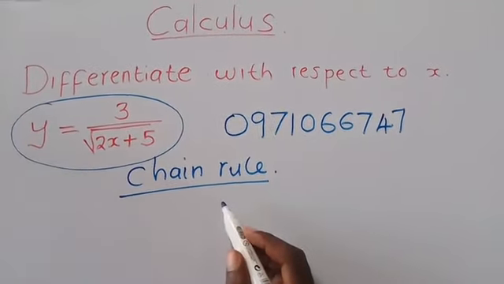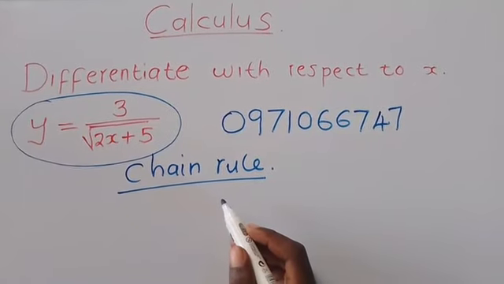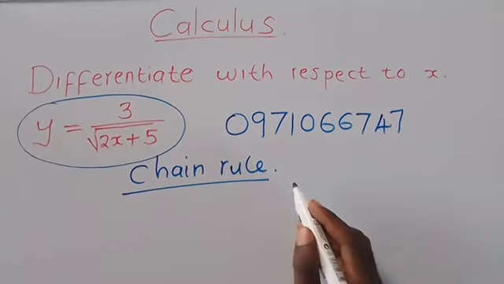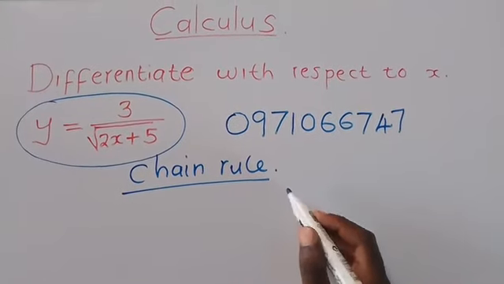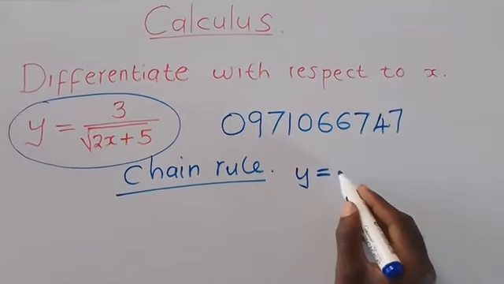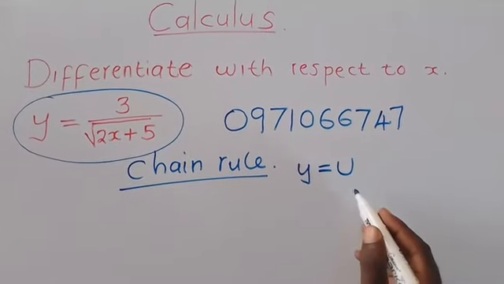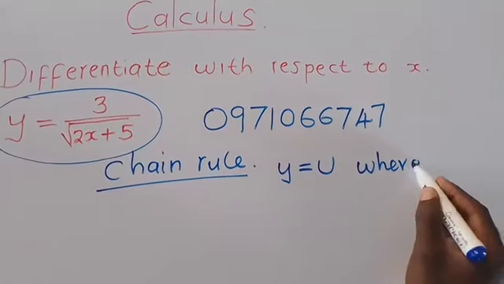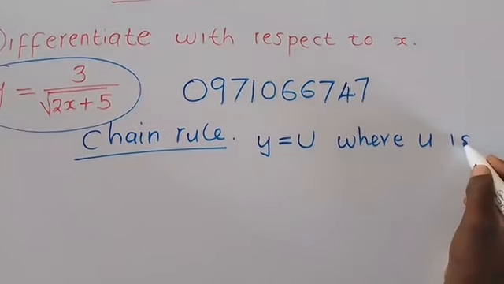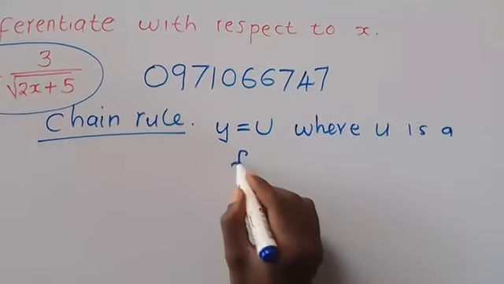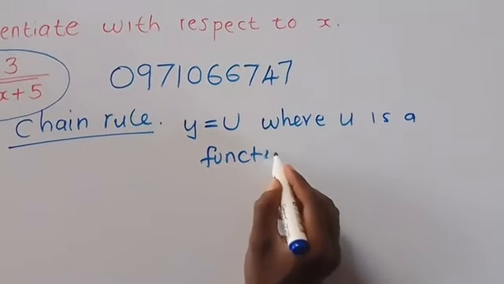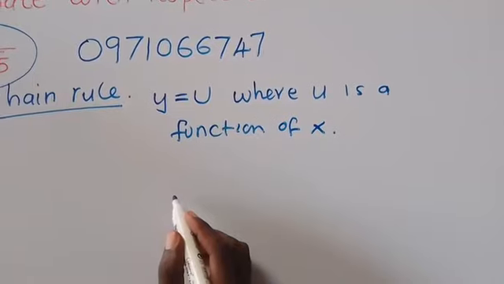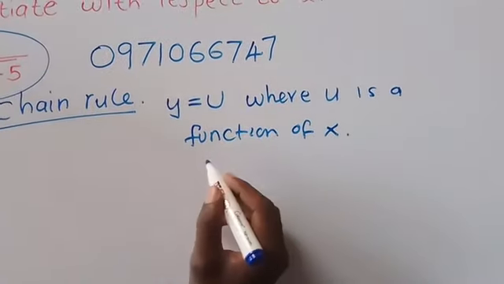Under this rule, for you to answer using the chain rule, we say let y be equal to u, where u is a function of x.